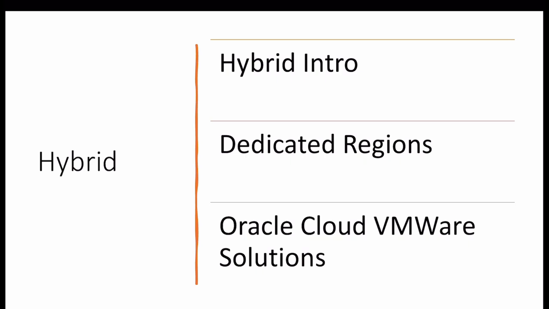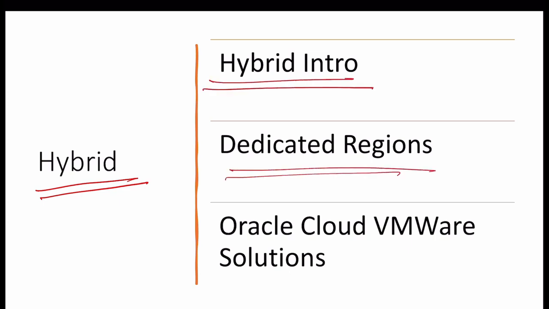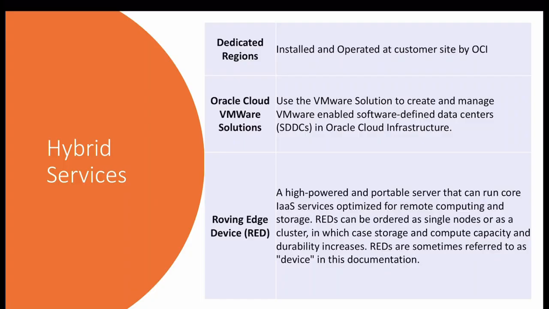Hey guys, now we will talk about the hybrid services. What exactly are those? Then we will go through the introduction, then the services which are part of this domain. First we will go through the dedicated region, what exactly it is. Then we will go through the Oracle Cloud VMware solution. So hybrid services are those where two types of environment are involved.